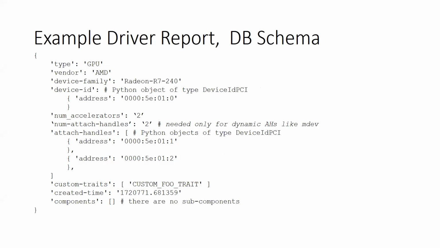Sundar, keep going. What did you say? Okay. So in the case of power, the only abstraction would be that they'll have a different device ID and they'll have their own attach handle.